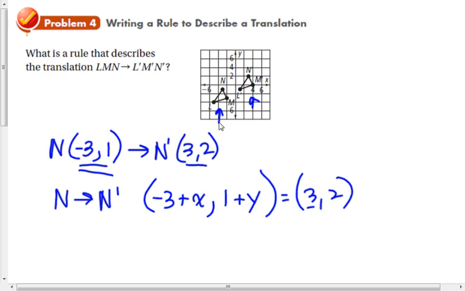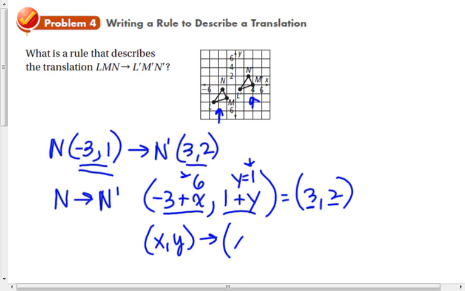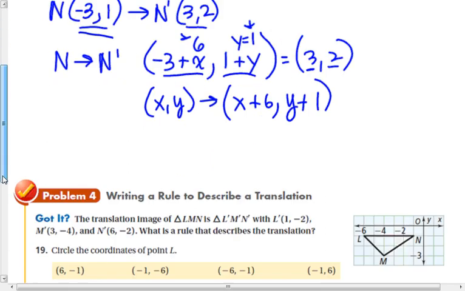So to solve this, I just have to figure out -3 plus what number is 3, and to do that I can just do 3 plus 3, which is 6. So x is 6, and then what number plus 1 is equal to 2, and that of course is 1, so y equals 1. And since this is a plus 6 and this is a plus 1, my mapping rule is this: x, y goes to x plus 6, y plus 1. You try that.